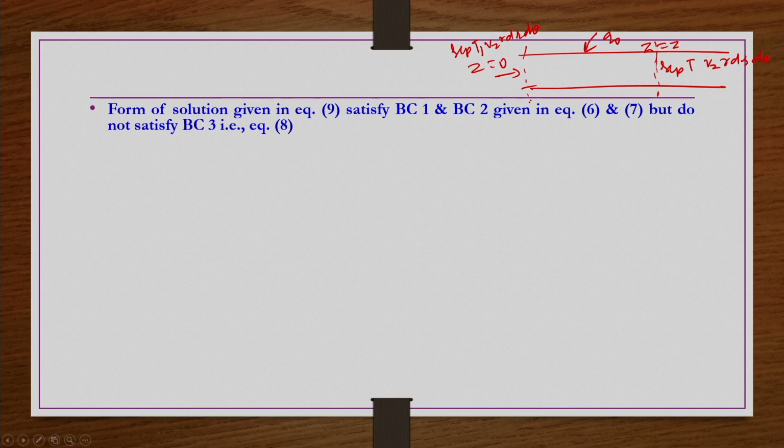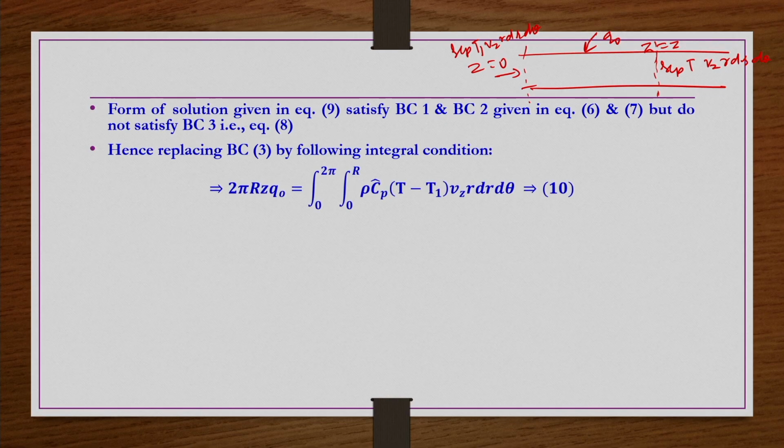So the rate of heat out at z equals z minus the rate of heat in at z equals 0 should be balanced by the heat being supplied through the wall from z equals 0 to z equals L. So when you do that balance, you get 2 pi r z q naught equals integral 0 to 2 pi, integral 0 to R, rho Cp (T minus T1) Vz r dr d theta.